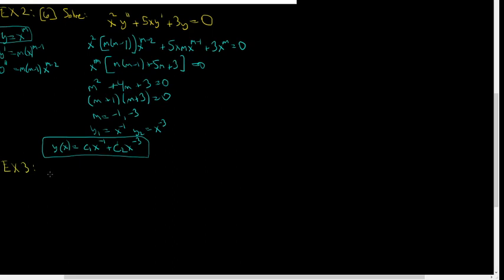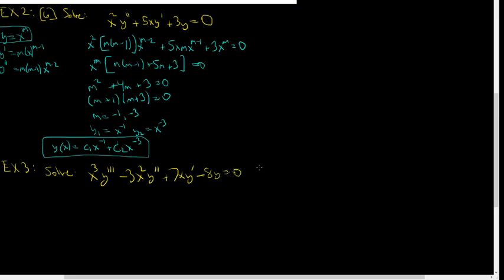So here we want to solve x cubed y triple prime, minus 3x squared y double prime, plus 7x y prime, minus 8y equals 0.